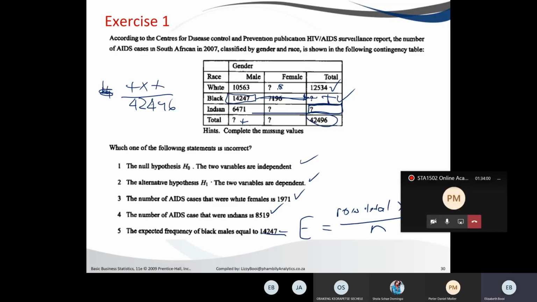And that is why Jola said number 5 is the incorrect one. So number 5 is the wrong one.